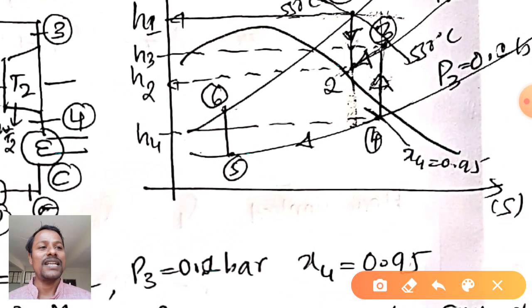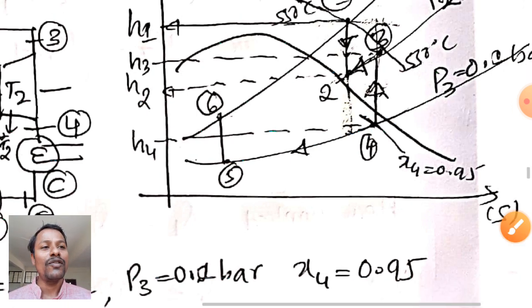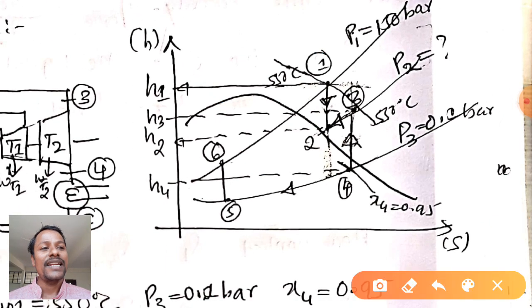On the Mollier chart I have the constant dryness fraction line, that is 0.95, and again I have the condenser pressure line of 0.1 bar. Wherever both intersect, I can mark this as 4, that is state 4. From state 4 I can draw a vertical upward line, because 3 to 4 is an isentropic process line, but I do not know where to stop this line.